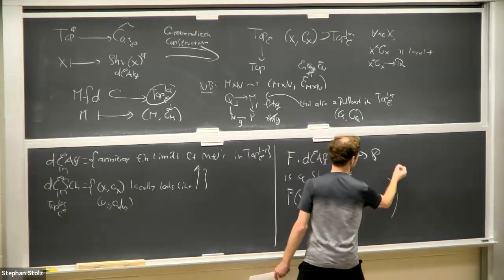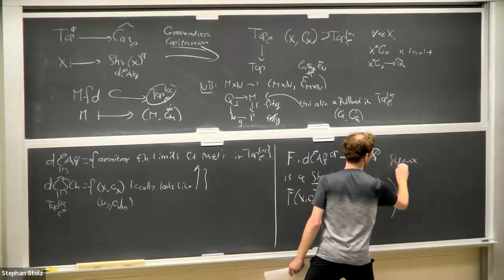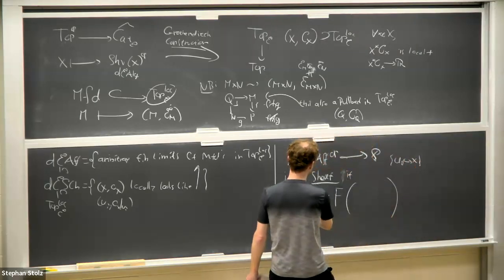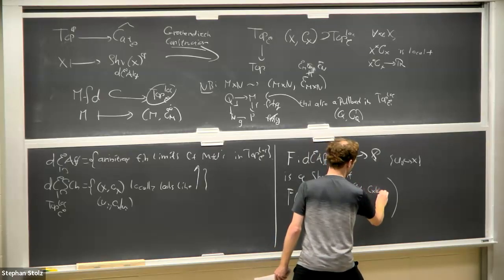Suppose we have an open cover of X, then I can recover the value on X as the values on all the U_i's plus some gluing data.